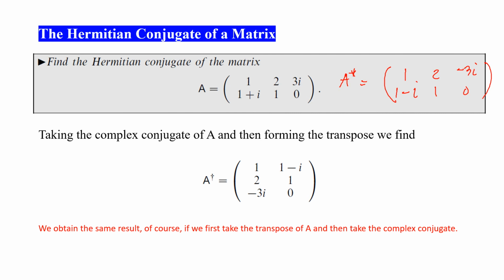Instead of having this one as your first row, this will now become your first column. And instead of having this one as your second row, this will now become your second column. So you have 1, 2, negative 3i, your first row that becomes your first column, and then 1 minus i, 1, 0, your second row, which is now your second column.